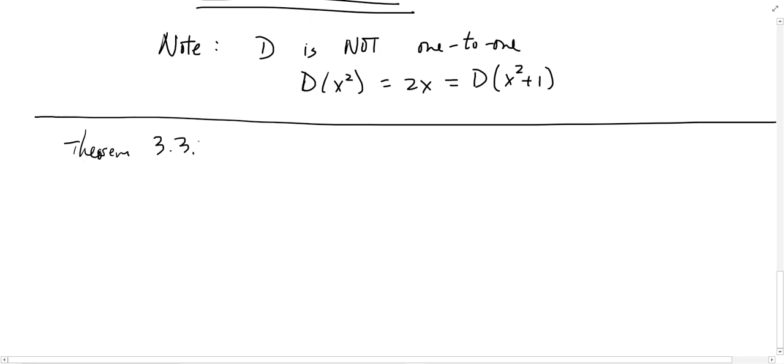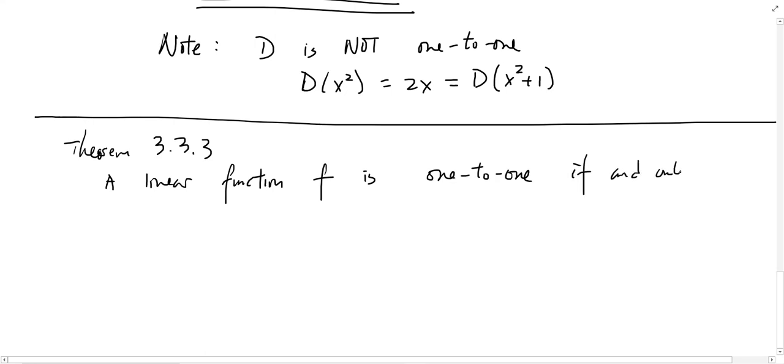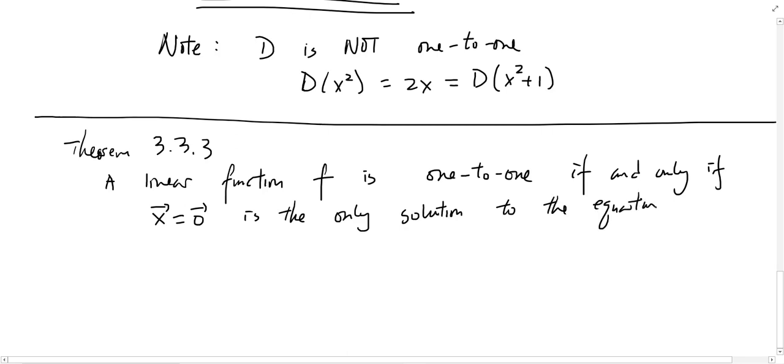Theorem 3.3.3, which states the following: a linear function f is one-to-one if and only if vector x equal to 0 vector is the only solution to the equation f of vector x is equal to 0 vector.